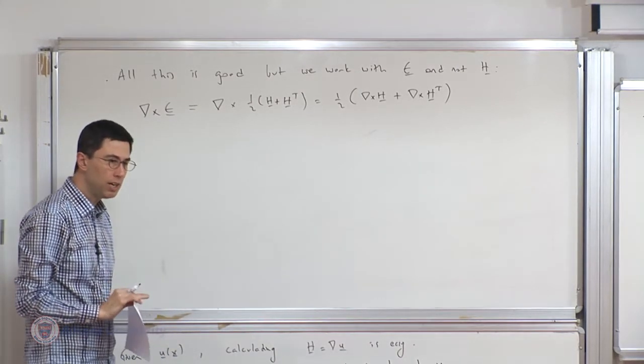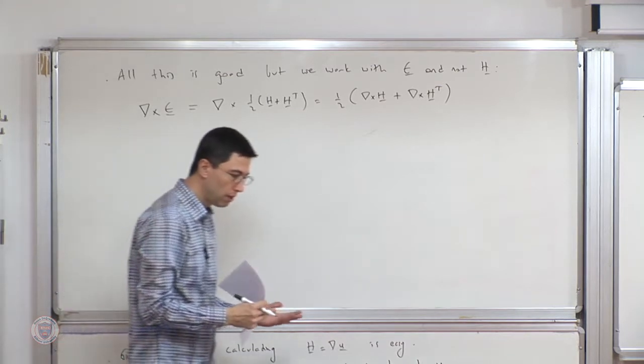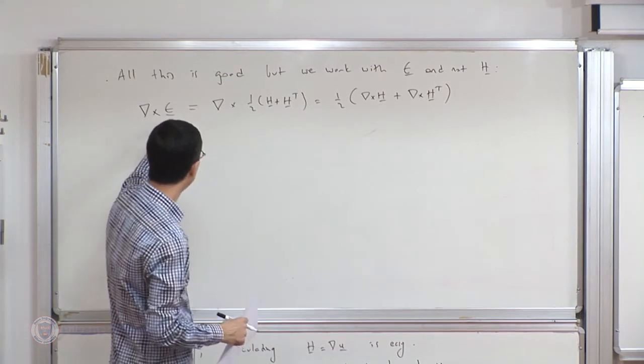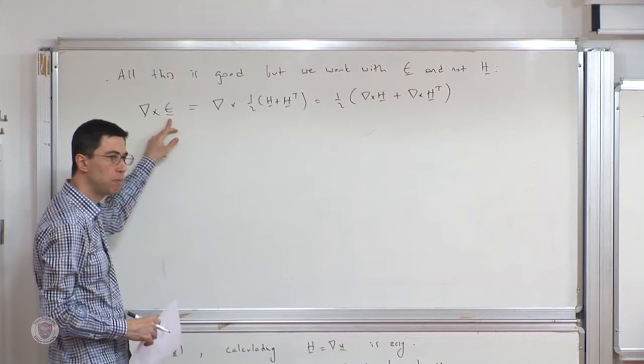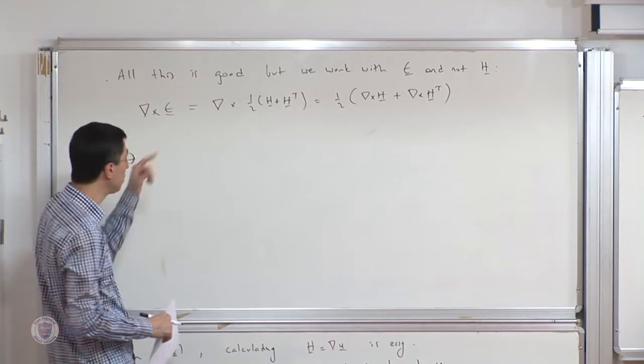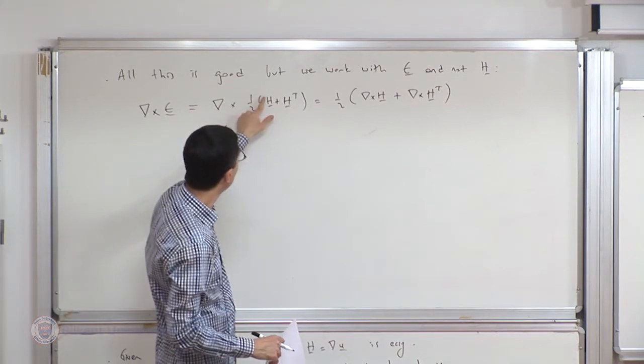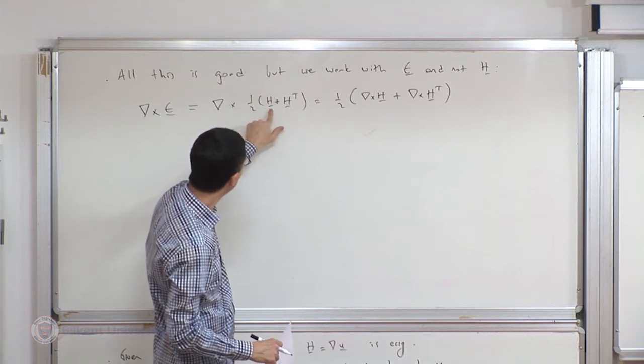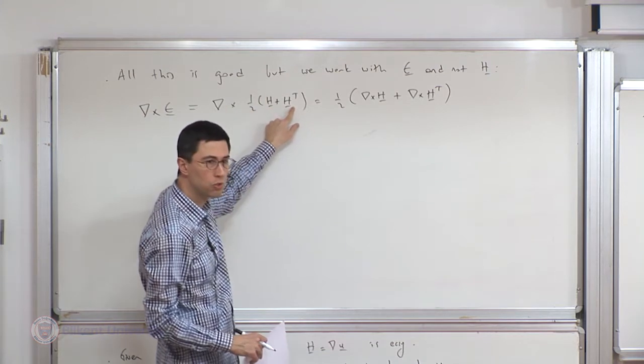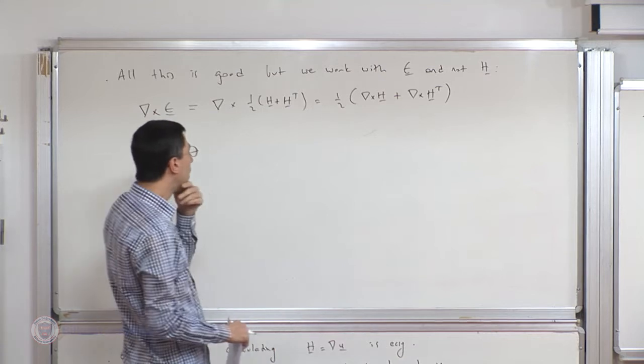Now, eventually, I would like to propose a strain field, but I know that the strain field must be associated with the displacement, and it's associated through its gradient, but not directly through the gradient, also through its transpose.